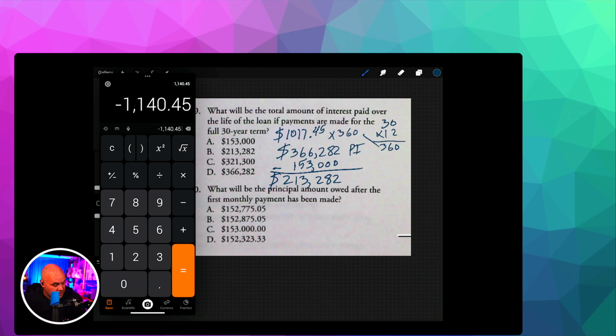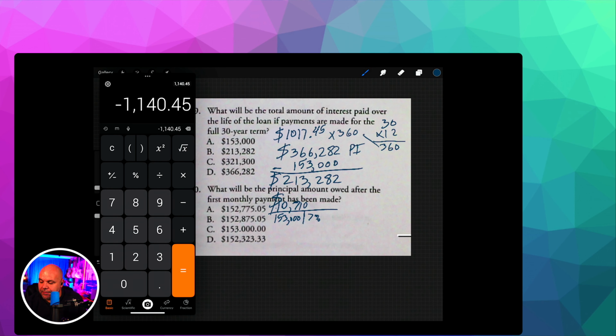Then the question we did before, what is the principal amount owed after the first monthly payment has been made? We know that our loan amount's 153, so therefore 153 loan amount times interest rate of 7% is going to give us the amount of annual interest, $10,710.